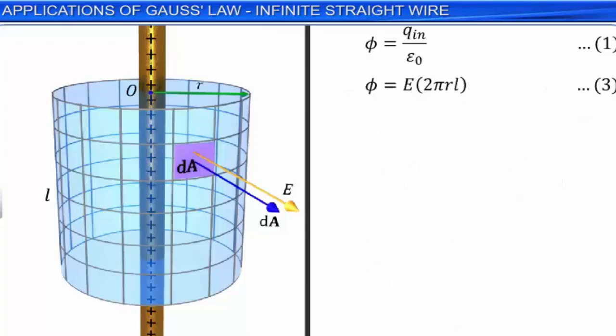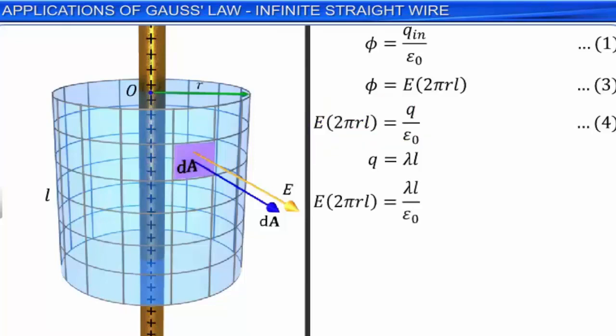Let this be equation 4. Here, Q is equal to the product of the linear charge density, lambda, and the length of the Gaussian cylinder, L. Substituting the value of Q in equation 4 and simplifying, we get E equal to lambda by 2 pi R epsilon naught. Let this be equation 5.